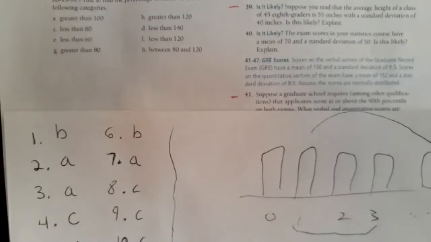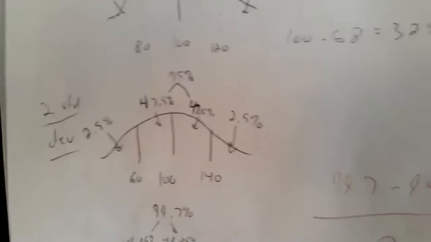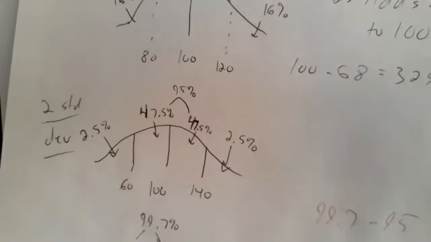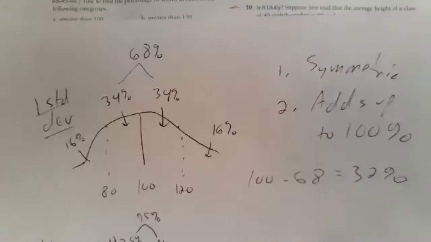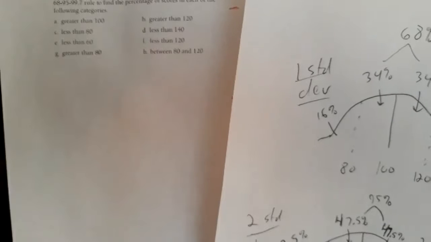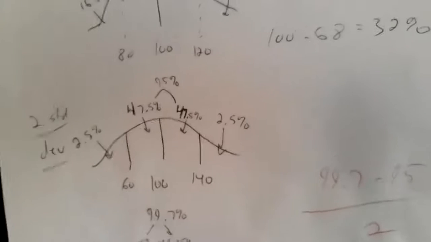So 60 and 140, I believe those were the 2 standard deviations. How do I do this? Less than 140, less than 60.